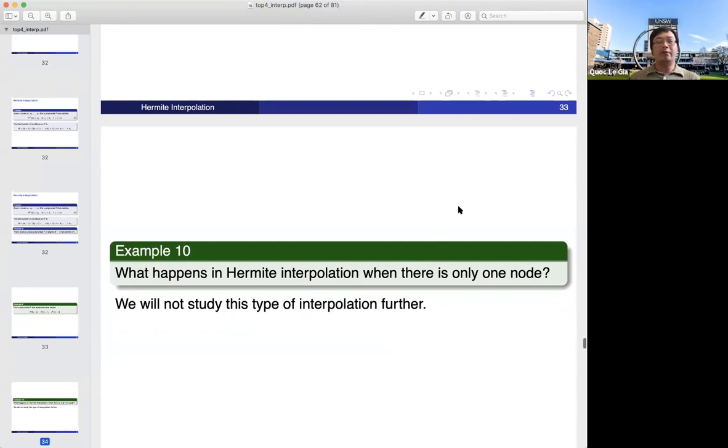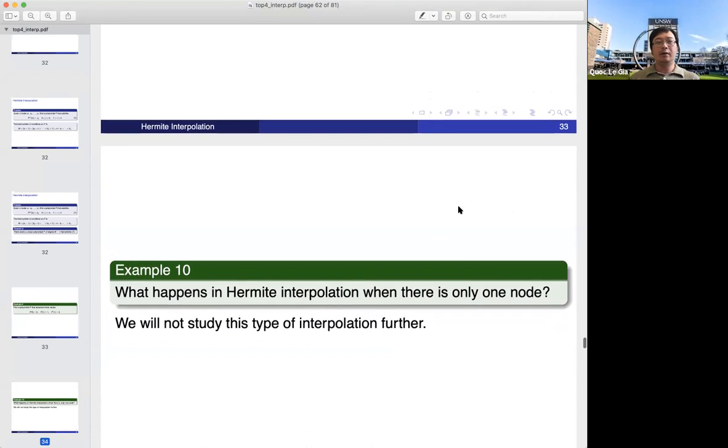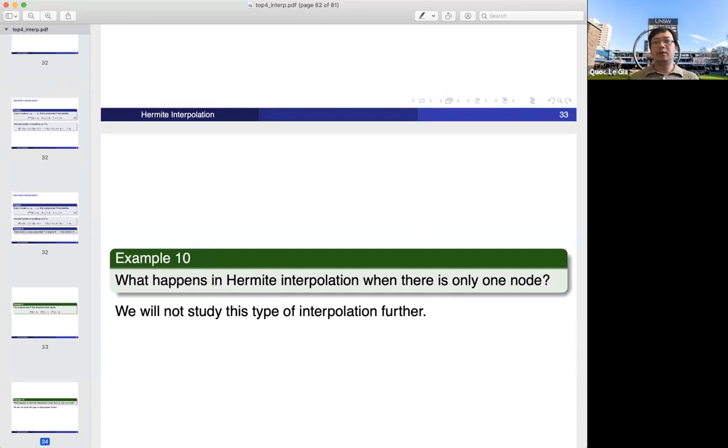Suppose you have a polynomial p at 0, and you know the value p(0), and you know p prime at 0, and you know p double prime at 0, and p triple prime at 0, and so on. Then what is that situation?